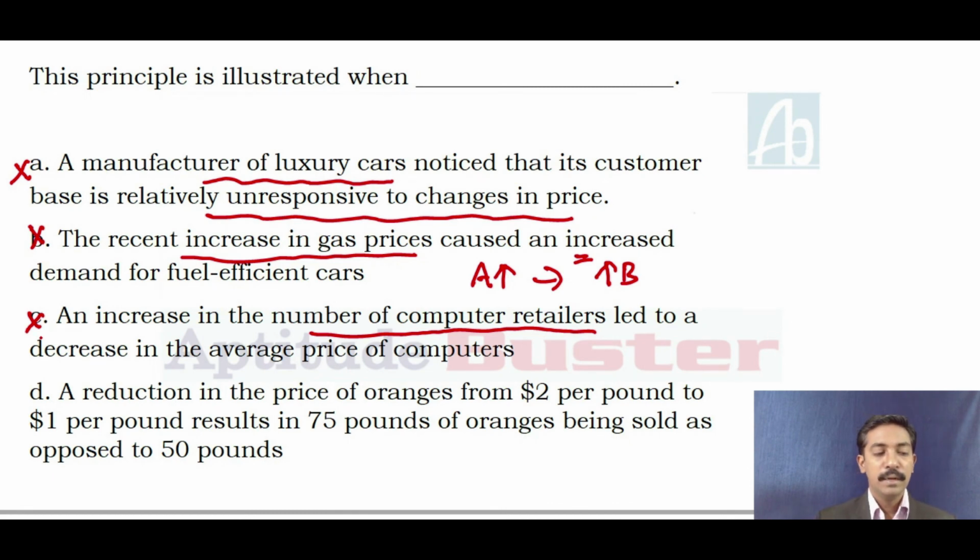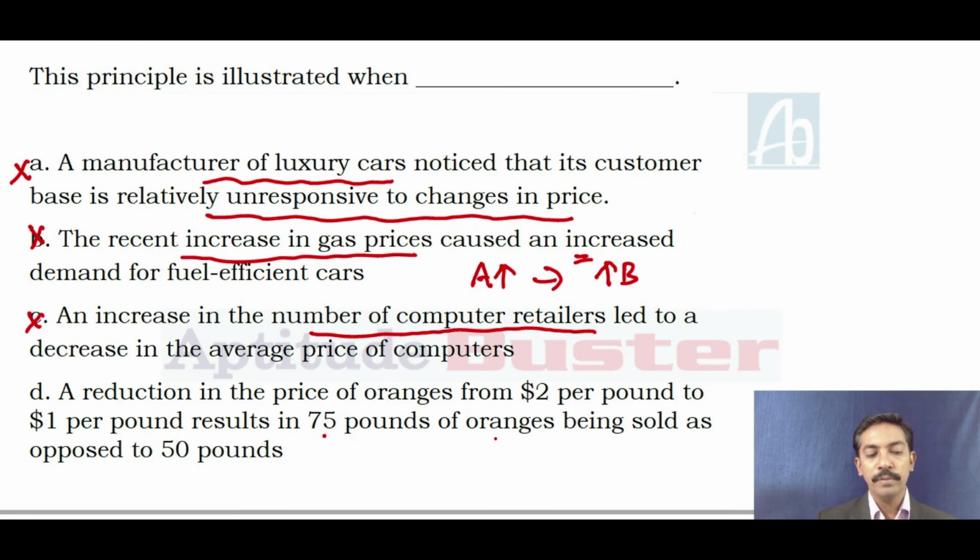Let's read. A reduction in the price of oranges from $2 per pound to $1 per pound results in 75 pounds of oranges being sold as opposed to 50 pounds. Option D clearly illustrates the principle, perhaps in reverse way. Earlier it was sold at $2. Now it's being sold at $1.